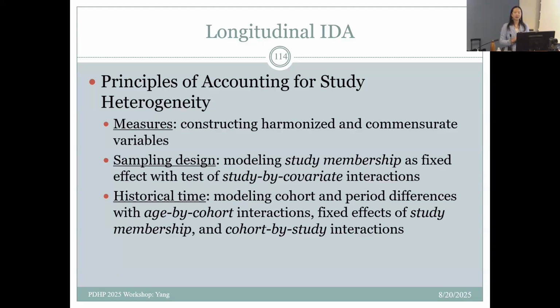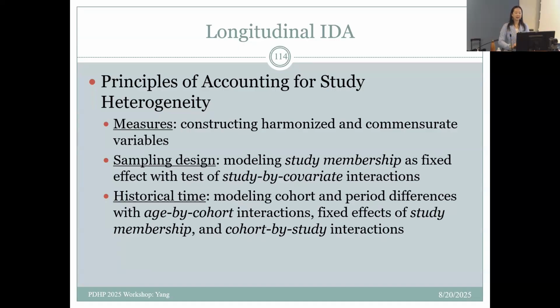So within the modeling framework, you can model study membership as fixed effects with added tests of study by cohort interactions to deal with this very succinctly. And then also historical time. This is sort of the topic of the day, right? So you could use what we have just talked about to model cohort and period differences by age by cohort interactions.